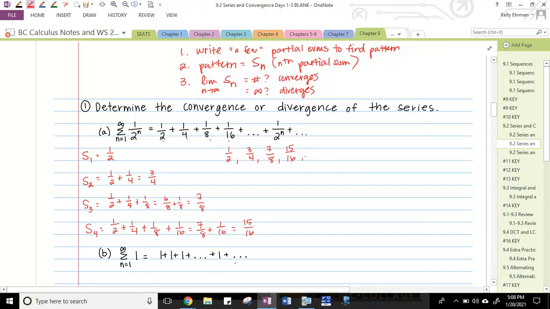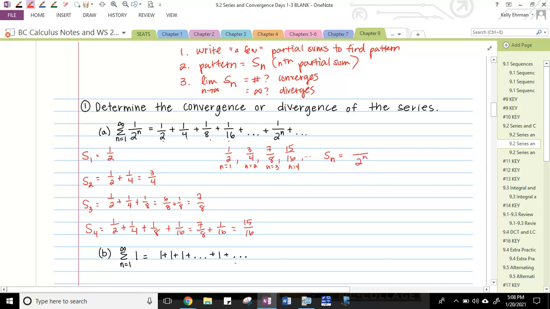Now this does continue on. I'm trying to come up with a pattern. So this was when n equals 1, this was when n equals 2, n equals 3, n equals 4. Remember in section 1 we did this a little bit. We had to come up with the nth term or try to find the pattern. So it's coming in handy here. So what is the nth term going to be? My s sub n, I think I can figure out the denominator. 2 to the first, 2 to the second, 2 to the third, 2 to the fourth, 2 to the n.